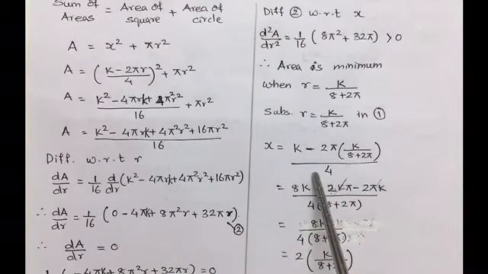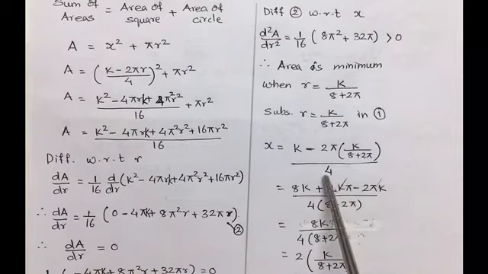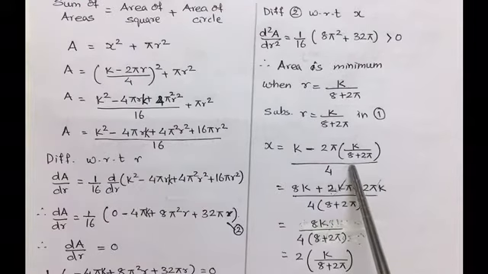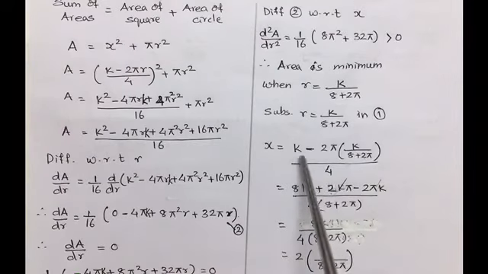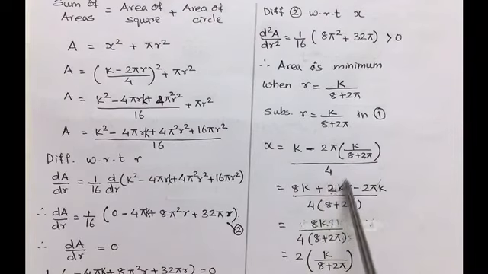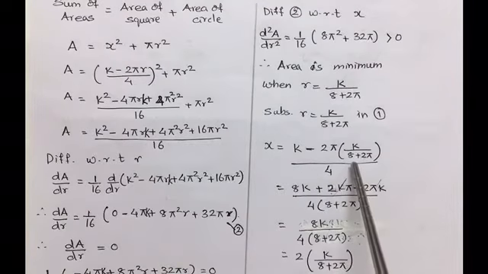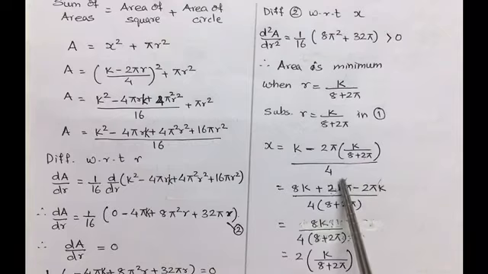Now substituting this value of r for calculating x in equation number 1, x becomes like this. Wherever r is there, keep k upon 8 plus 2 pi. Taking the LCM, we get 8k plus 2k pi minus 2 pi k getting cancelled, and the denominator gets multiplied with 4 and we get 8 plus 2 pi.